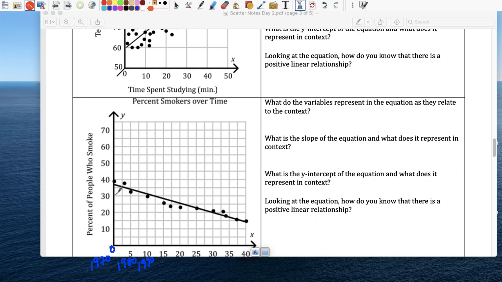In 1970, the percent of people who smoked was about 37.5%. And as time progressed from 1970, it seems like it's declining, right? So there is a negative correlation as time increases. As it goes from 1970, the percent of smokers went down.